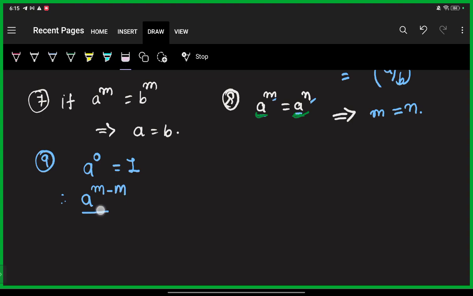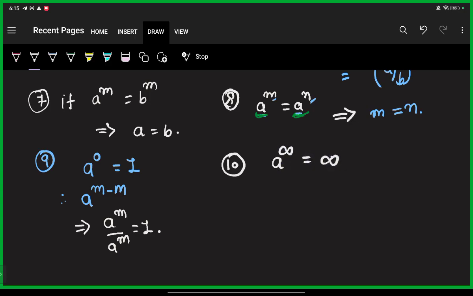Right? Yes sir. We can also write it as A raised to m divided by A raised to m. Yes or no? That gives us 1. Understood? Yes sir. 10th property. Anything raised to infinite is infinite, okay? Except 0.